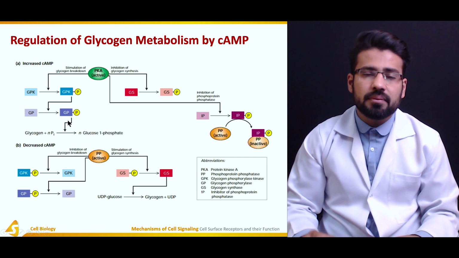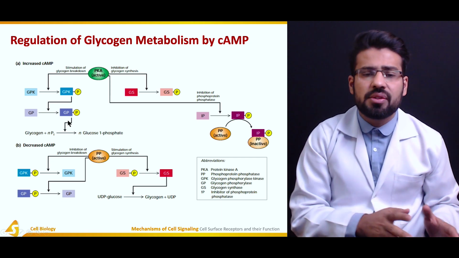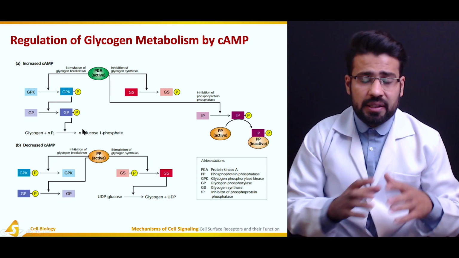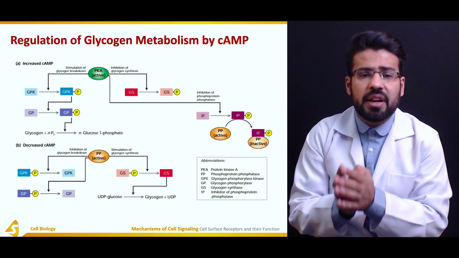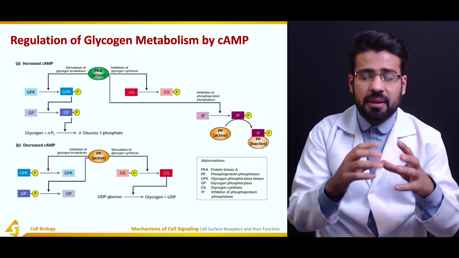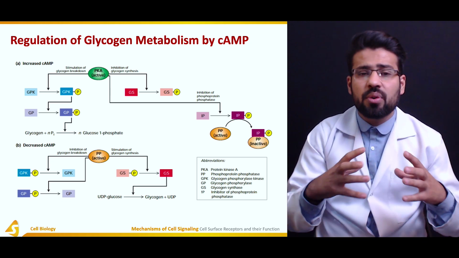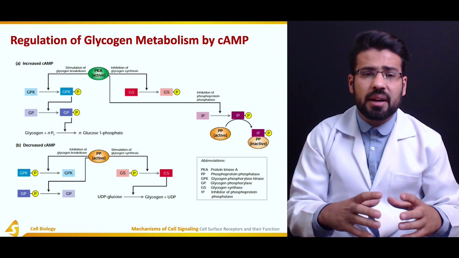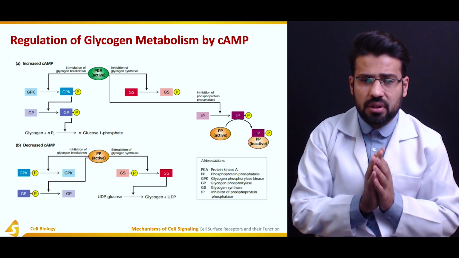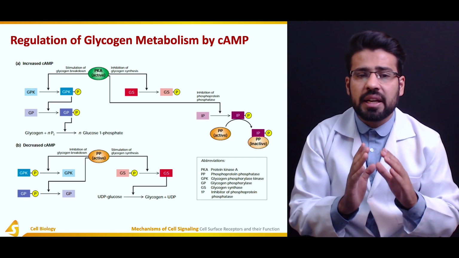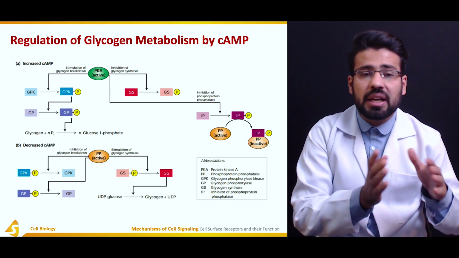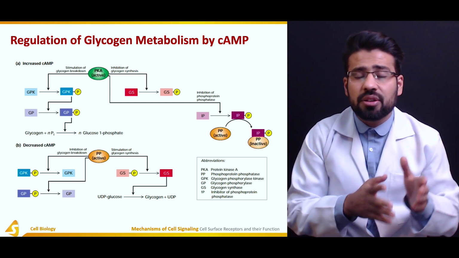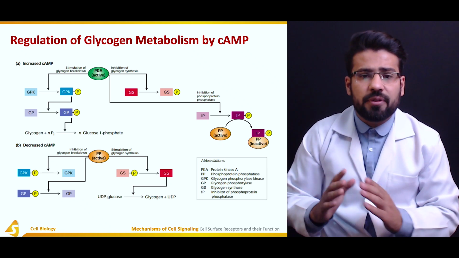When the glycogen is being converted into glucose 1-phosphate, this shows that PKA was activated when there was increased cyclic AMP production. So increased PKA, resulting from activation of the GPCR, caused the breakdown of glycogen into glucose 1-phosphate.